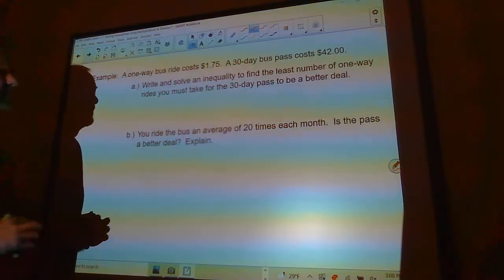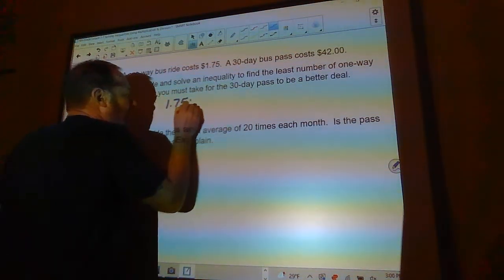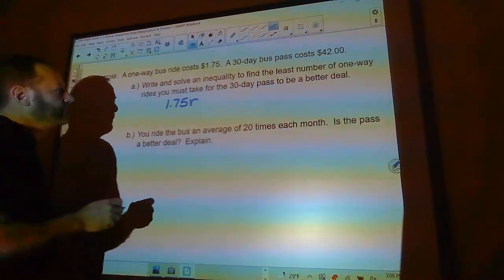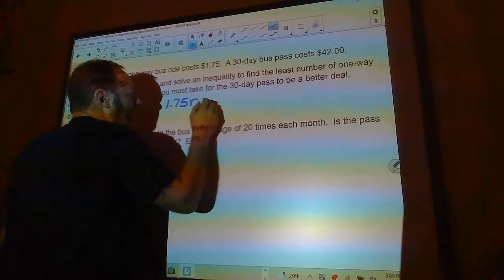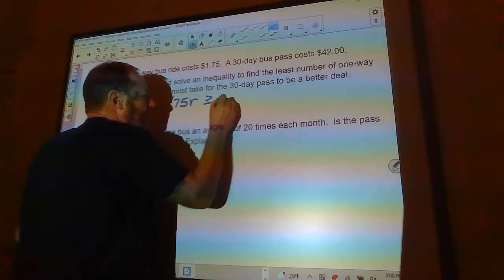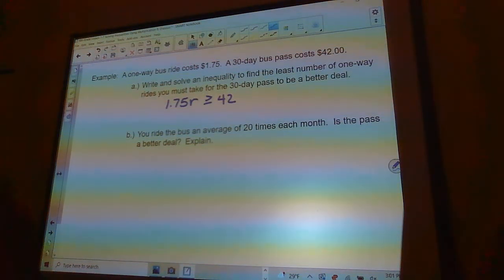So it's going to cost us $1.75 per ride, and we want to know when this is going to be greater than or equal to $42. So there's our inequality.